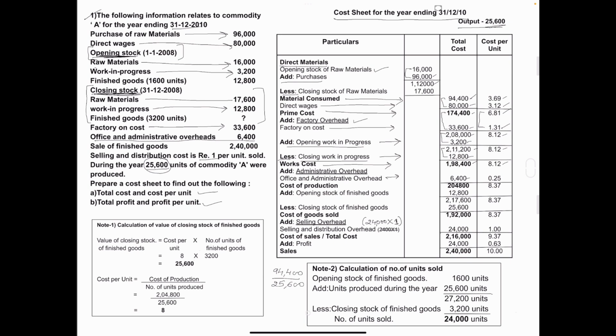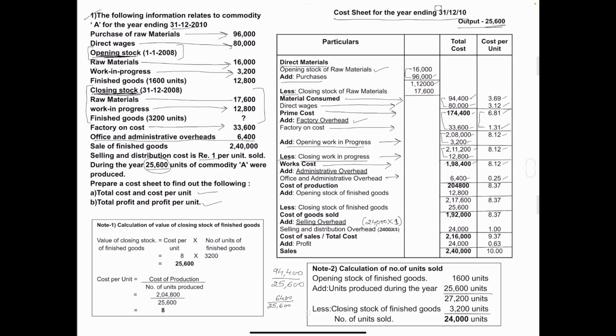In the per unit column we have to calculate, no? So 6,400 divided by 25,600, and the amount is 0.25.